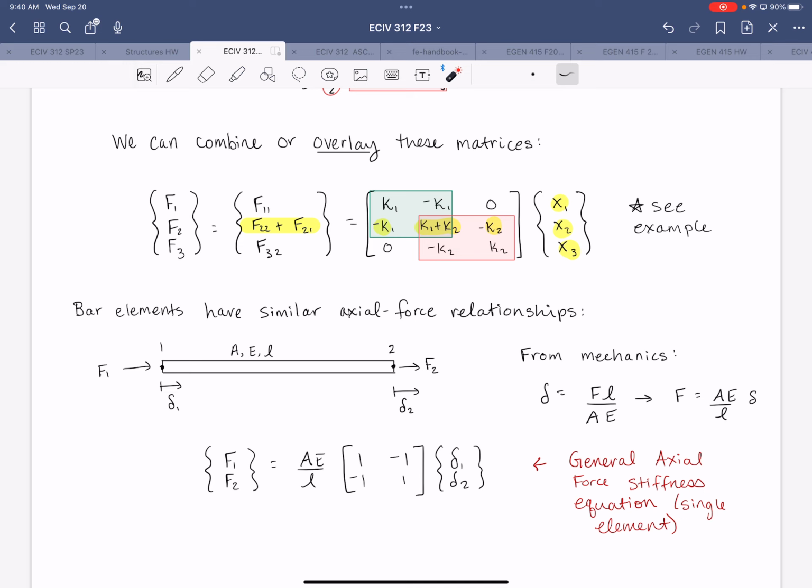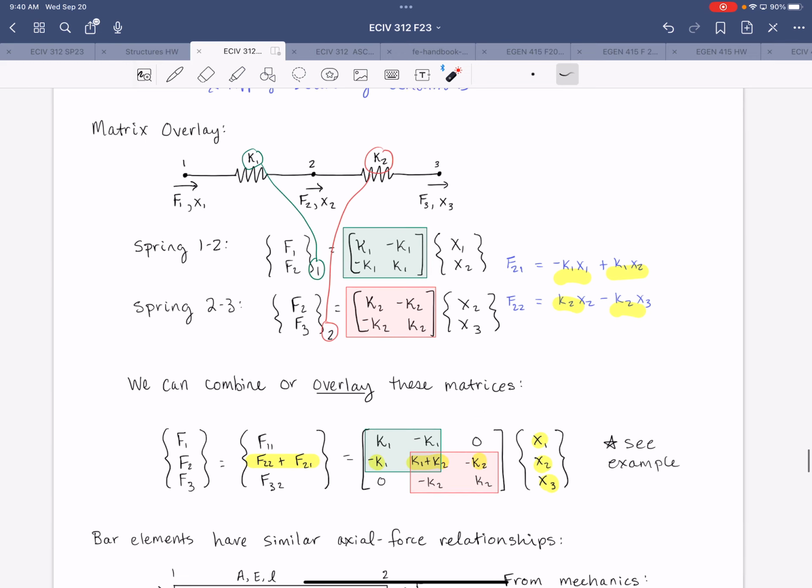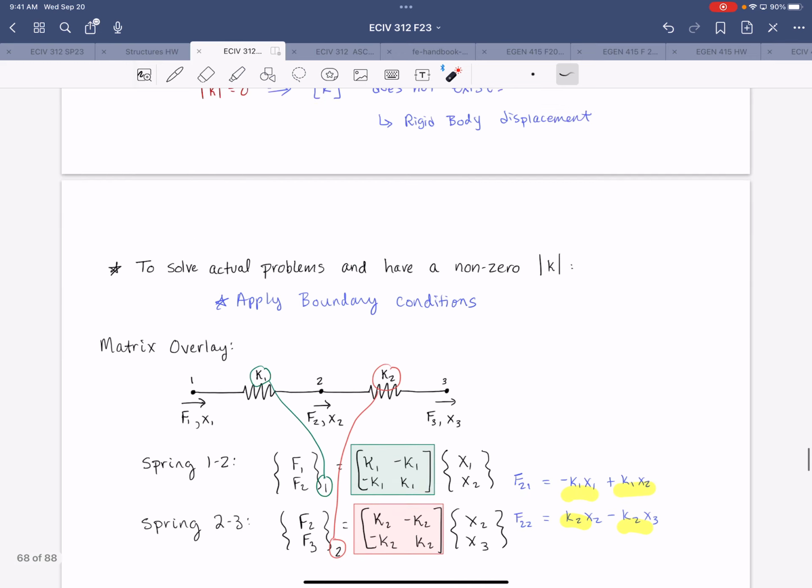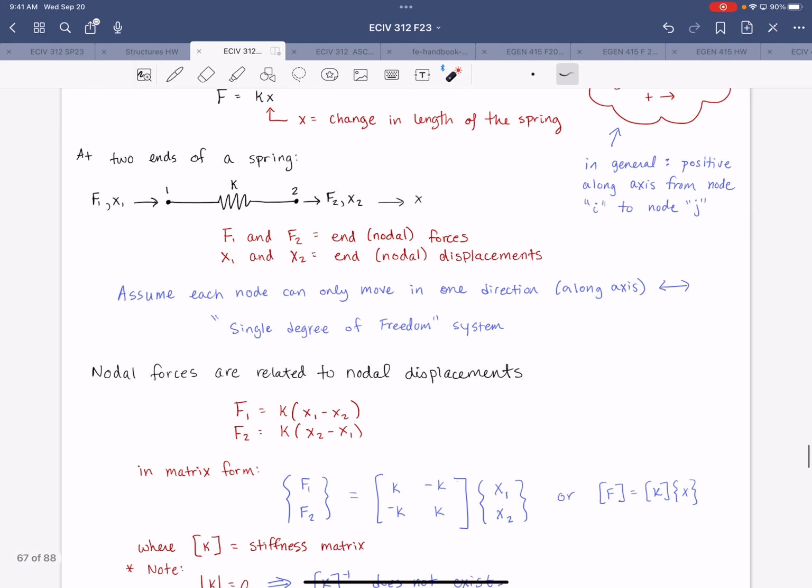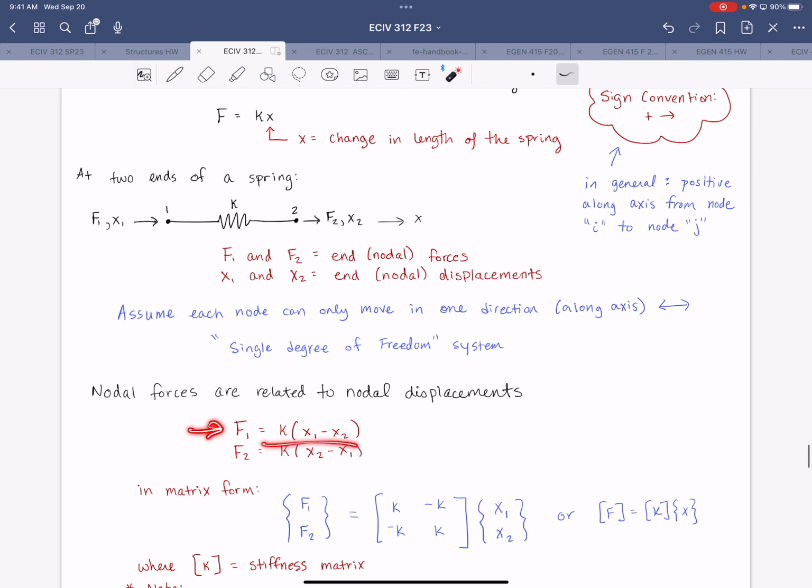Oh, yes, question. How would you determine the sign of the K? So this just comes back to the general force stiffness relationship between the two springs, right? So the force at node 1 will be equal to the stiffness of the spring times the displacement of node 1 minus the displacement of node 2, right?